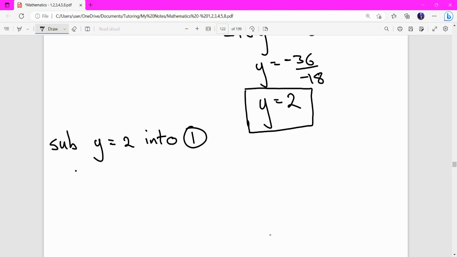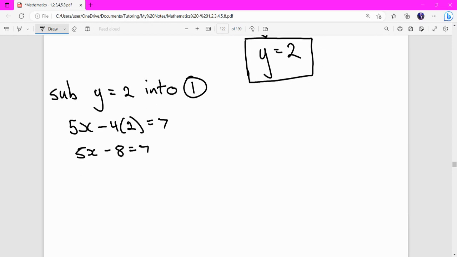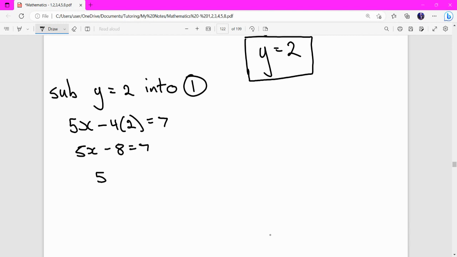So write back 5x minus 4, y is 2 in brackets, that is equal to 7. So 5x minus 4 by 2 is minus 8, that is equal to 7. 5x is therefore equal to 7 plus 8. 5x is therefore equal to 15.